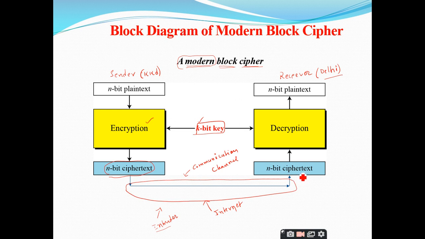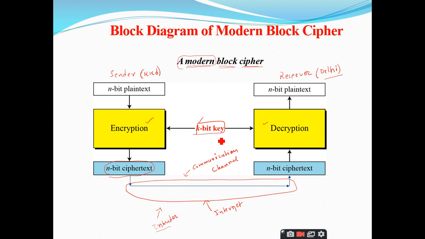At the receiver end, when the ciphertext is received, he has to decrypt it. That means he has to convert the ciphertext into the plain text to get the meaningful plain text. Decryption is a technique which converts the ciphertext into the plain text. For decryption also you need a key.